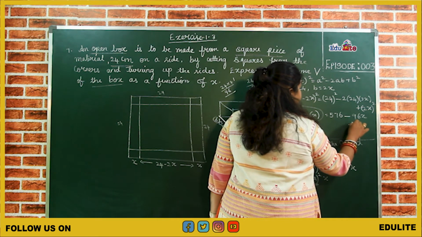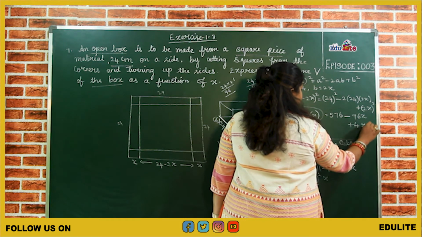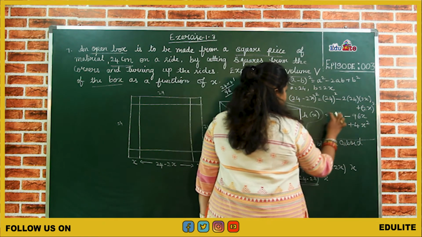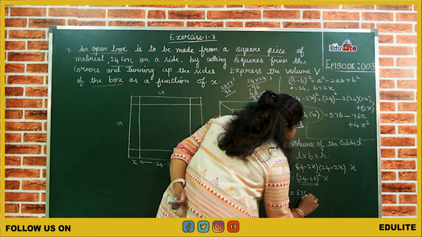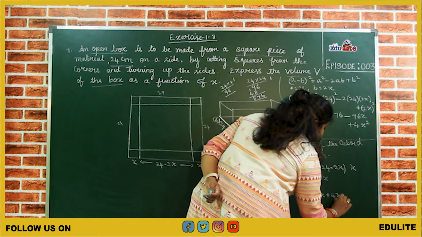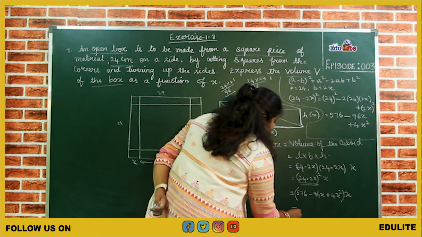96x plus 2 square is 4x square. So instead of 24 minus 2x whole square, we have to substitute this value. 576 minus 96x plus 4x square into x.